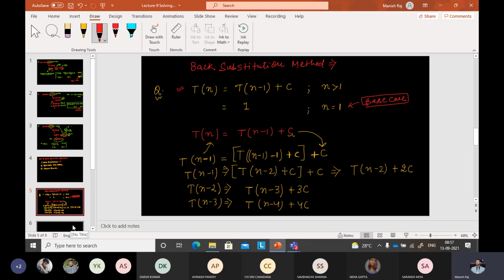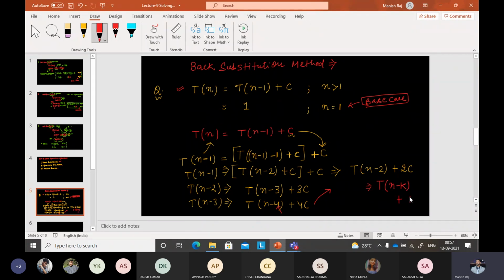I am going for the next thing, next page, or I can write here. So you can say, sir, if I will write like this, tn, okay, or I am putting this instead of this thing, I can write tn is equal to, okay, if I am putting k here, instead of 1 2 3 4, if I am writing k here, so you can write, sir, then what will be the constant?